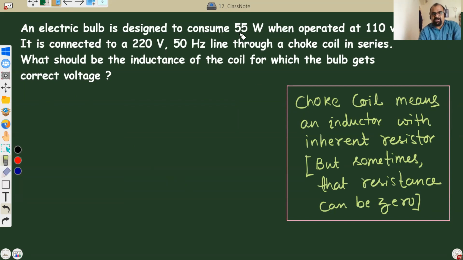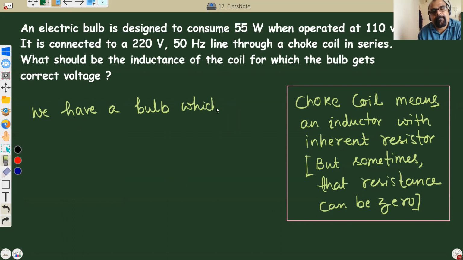So there is an electric bulb designed to operate at, okay, first of all, let's look at this electric bulb. A bulb which can sustain voltage up to 110 volt only.